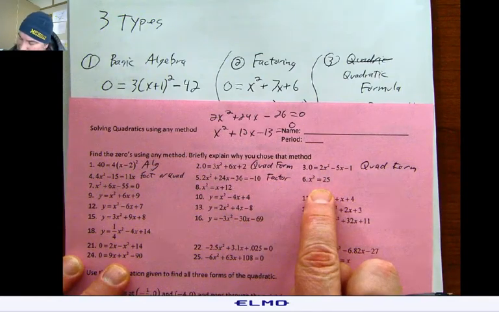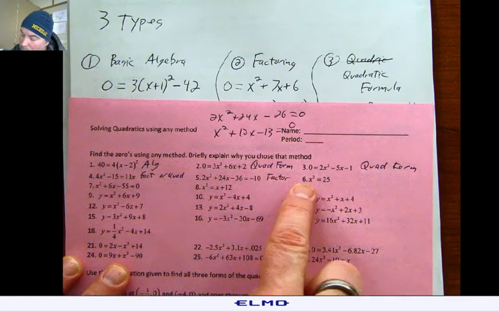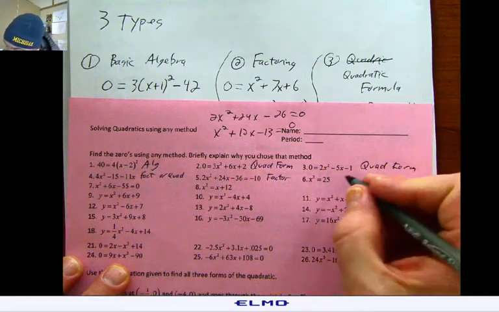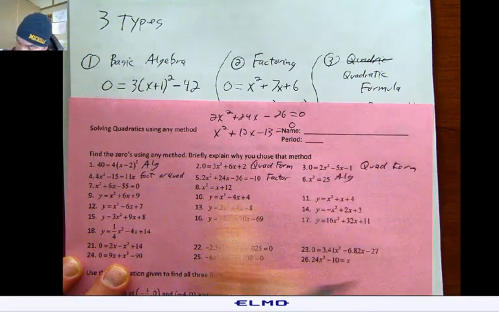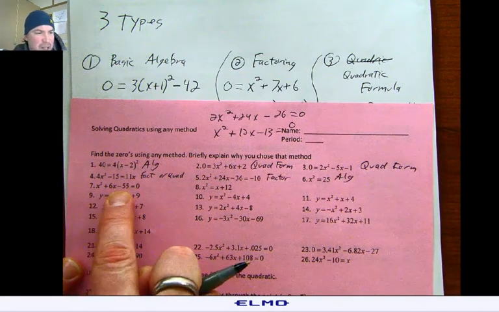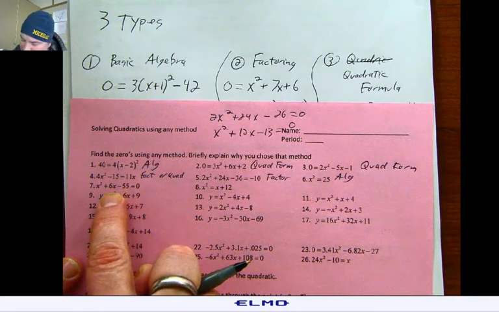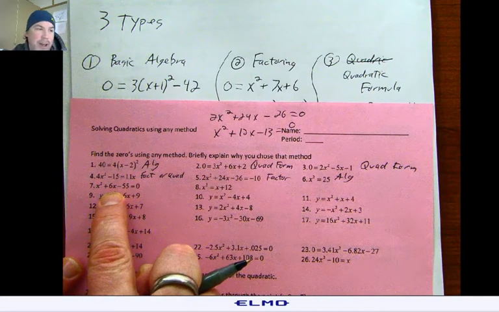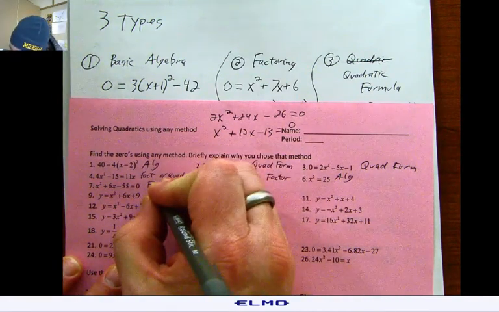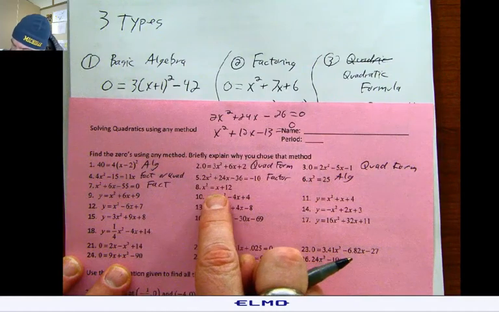Number 6, this is actually a lot like number 1. I would just use algebra to solve this one. Number 7, multiply to -55, yet add up to 6: 11 and 5. I would use factoring. Factoring.